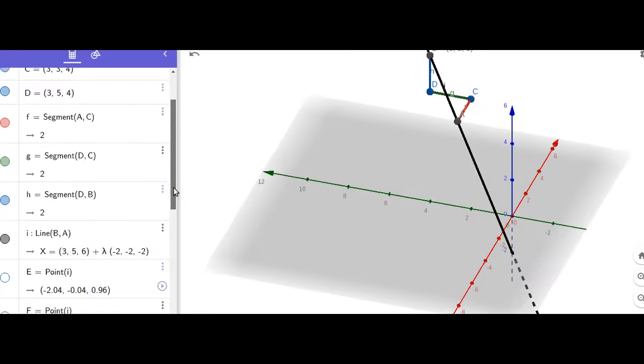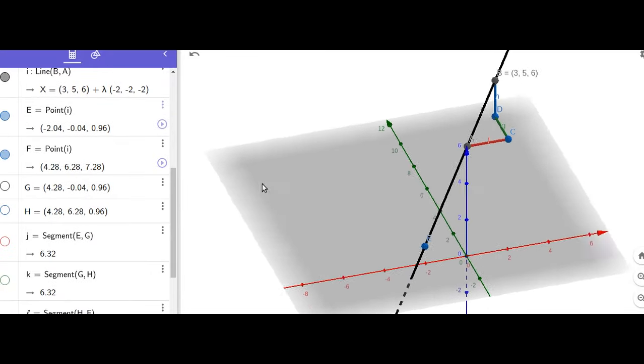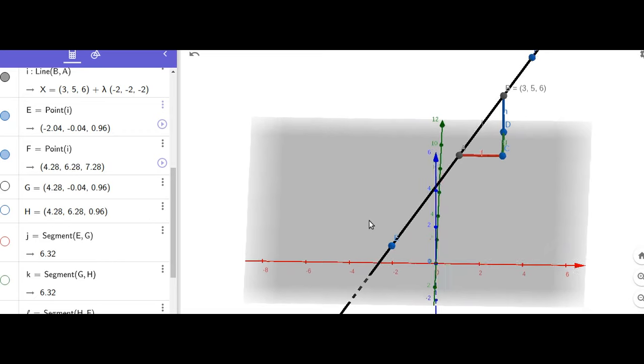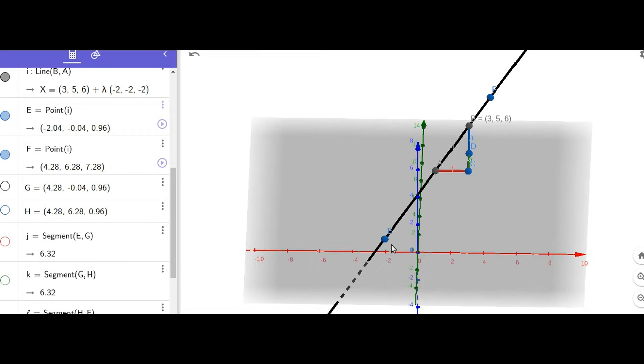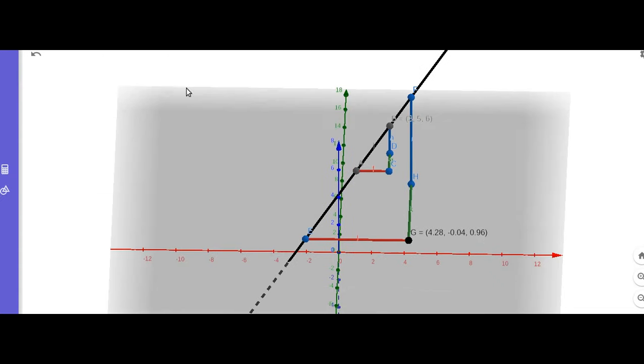Okay, I'll show you these concepts more clearly. I'll do one thing. I'll take 2 other points. So I took 2 other points E and F. I think you can see the points E here and F over here. And now I'll show you the projections. See?